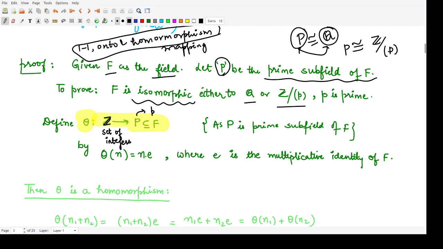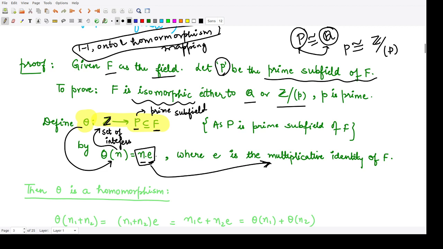P we have considered to be the prime subfield of F. Because this is a prime subfield of F, obviously it would be contained in F. We define this mapping as theta of n, where n is an integer, equal to n multiplied by e, where e is the multiplicative identity of the given field. So we have associated this mapping theta to be ne, where ne represents the characteristic of the given field. So this is the catch over here.